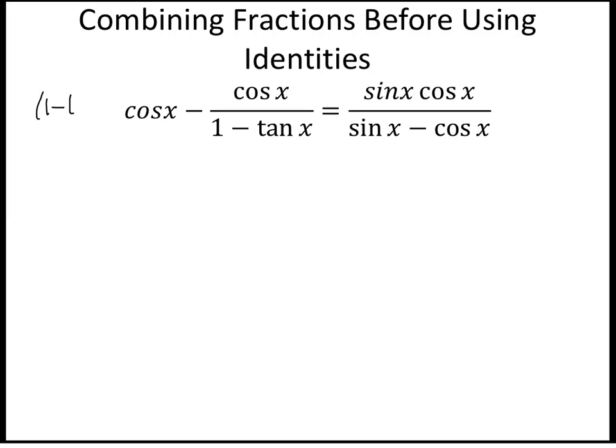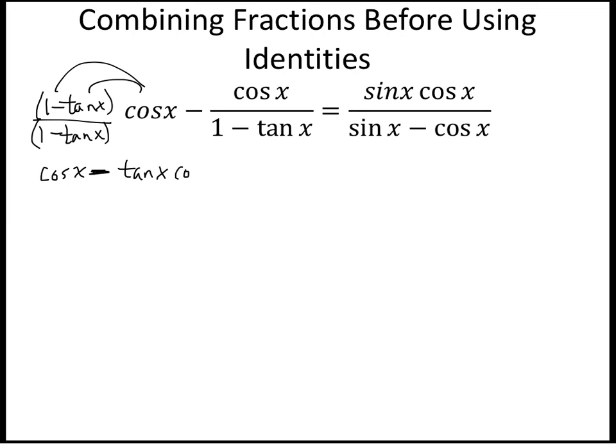So 1 minus tangent of x over 1 minus tangent of x. Okay? So now I've got cosine, and distributing this, right? So cosine of x minus tangent of x times cosine of x, all over 1 minus tangent of x.